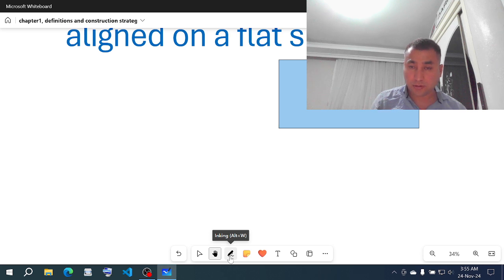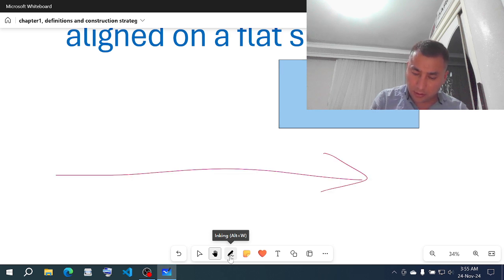I'm trying to use my iPad to show some drawing here. Okay. So a line segment would be like this. Okay, and it has 2 points. This drawing is ugly.